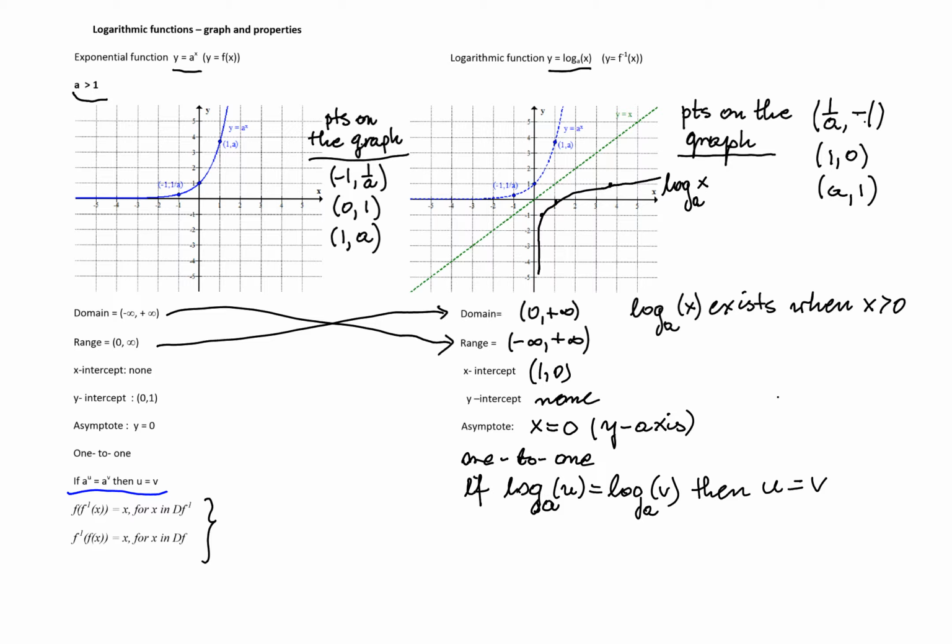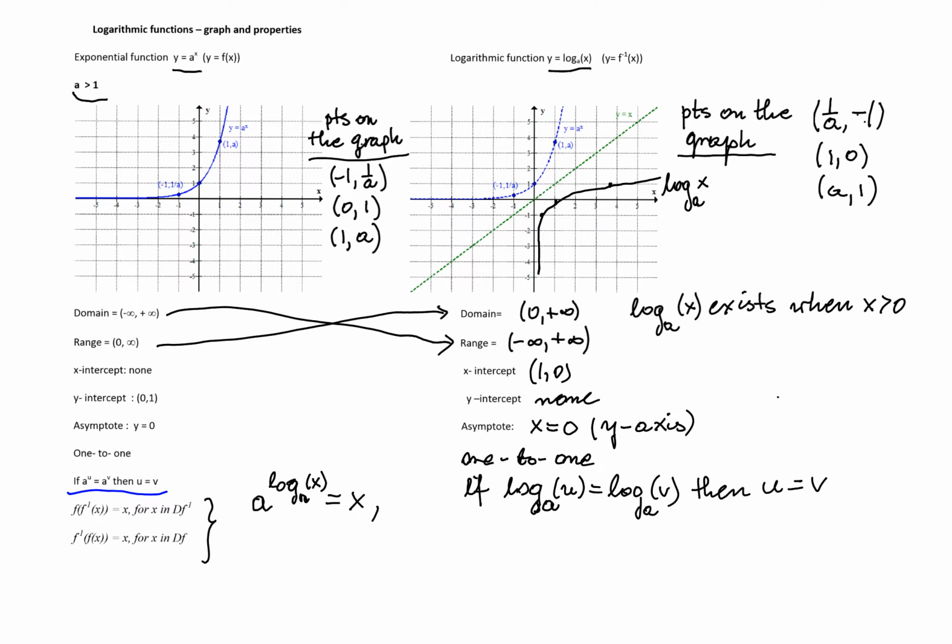The last two properties listed here are general properties for the inverse and the function, and if we apply these properties to the exponential function and logarithmic function, we will obtain the following. f, which is the exponential function, to the power logarithm to the base a of x, that's going to be the same as x.